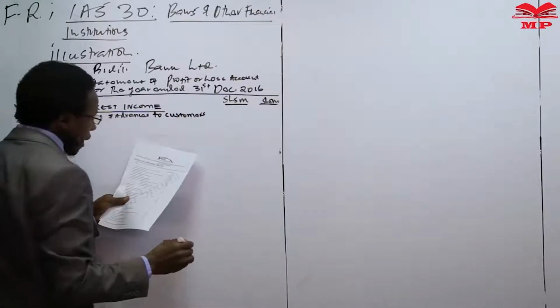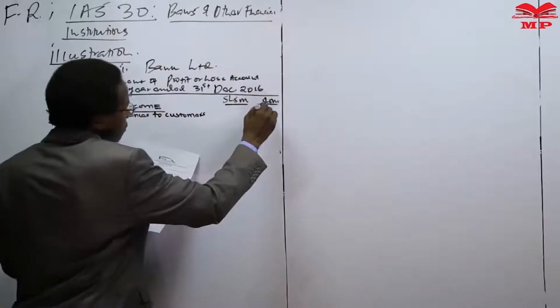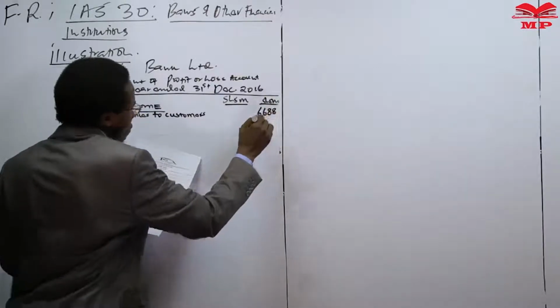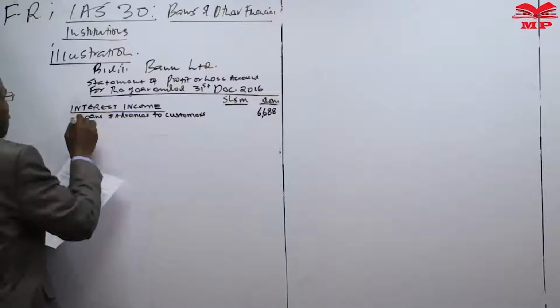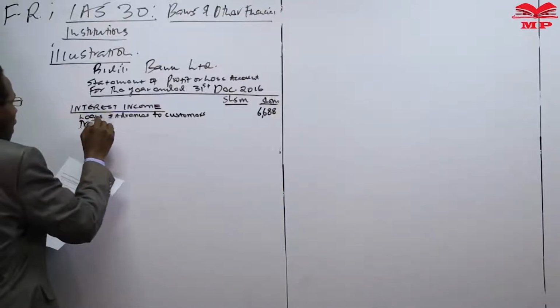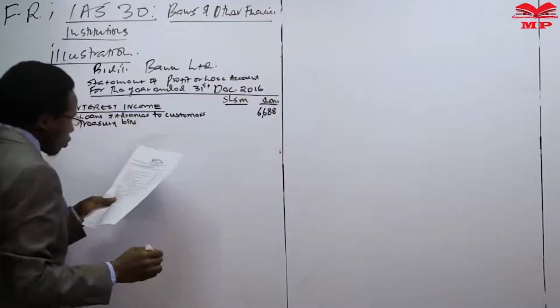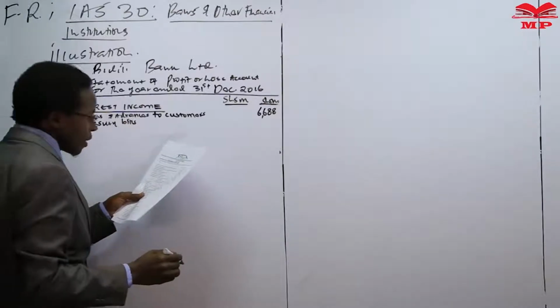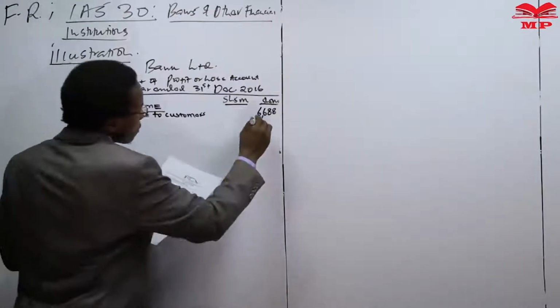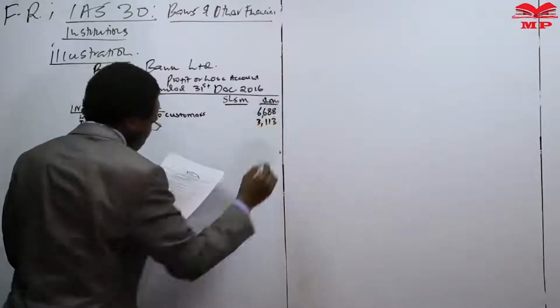The figure I have there is 6688. We also have interest on treasury bills, which are government securities: 3,113.